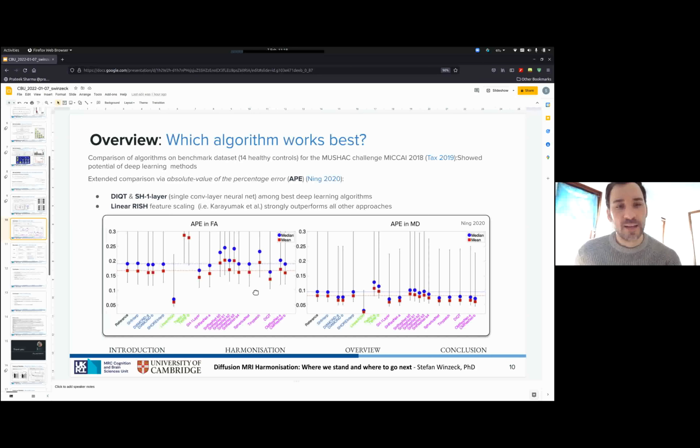And in the original paper from Kara Yumak, the people who introduced linear RISH feature scaling, they compared it to combat and showed that it outperformed that. Obviously, you always have to take it with a pinch of salt, because these people show their new method and try to sell their new method, right? So of course, they show that it works better than other ones.